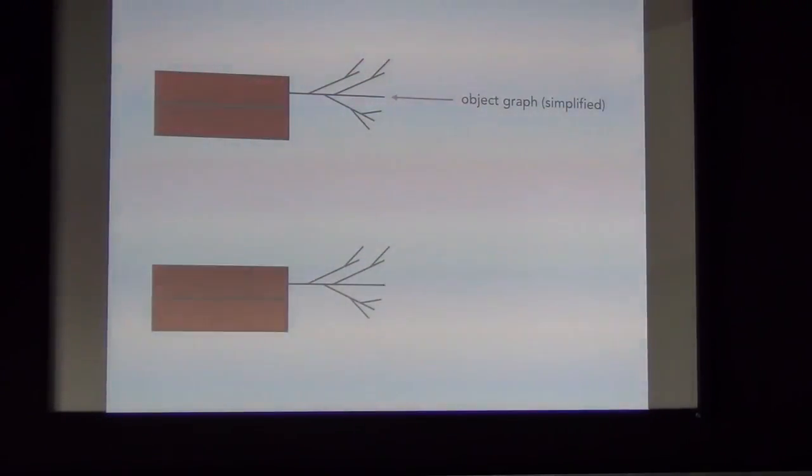programs. There's another problem that is a lot more difficult, and that is garbage collection. So this is a simplified view of an object graph. So every context references some objects like any other object.